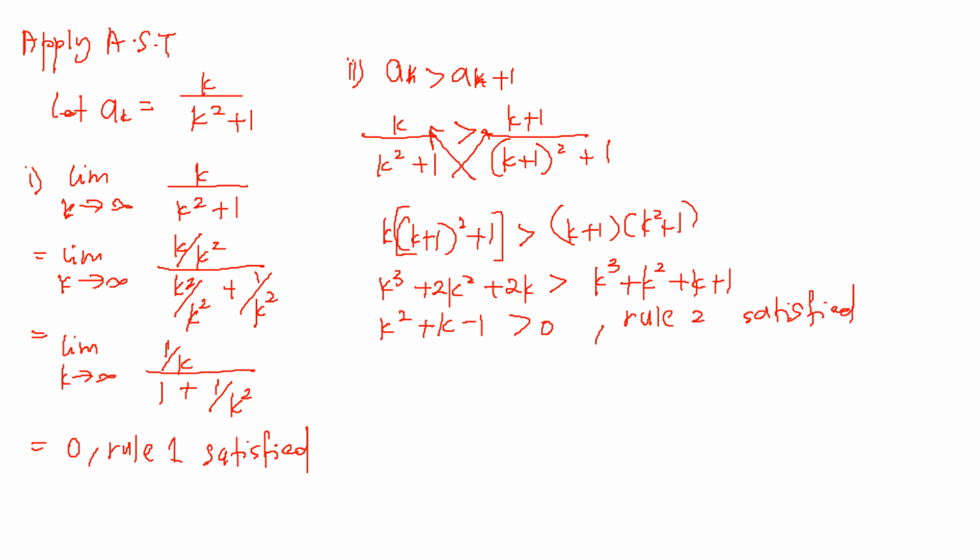Since rules number 1 and number 2 are satisfied, by applying the AST test, we can see that it is convergent, converges by the AST test. So you have to conclude that the series is conditionally convergent.